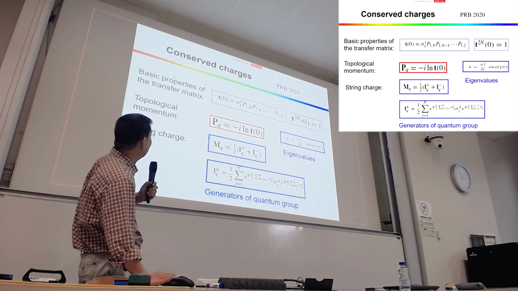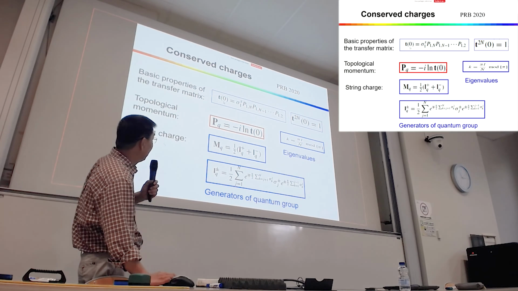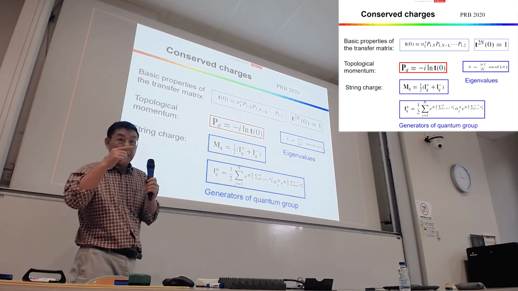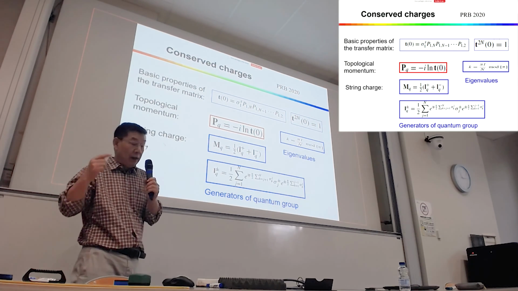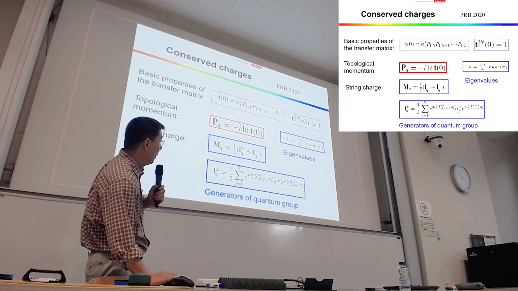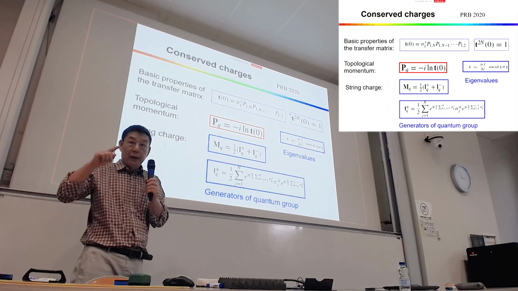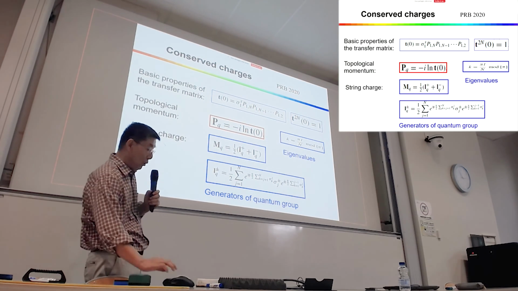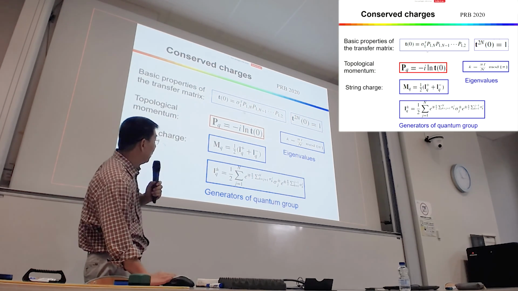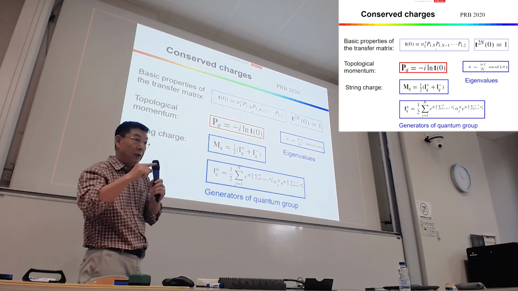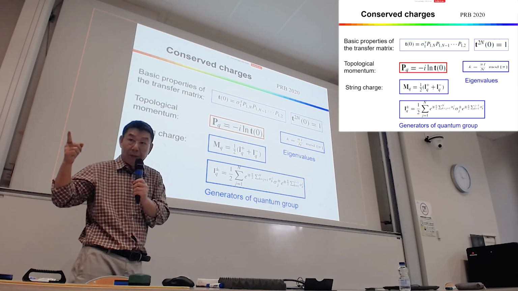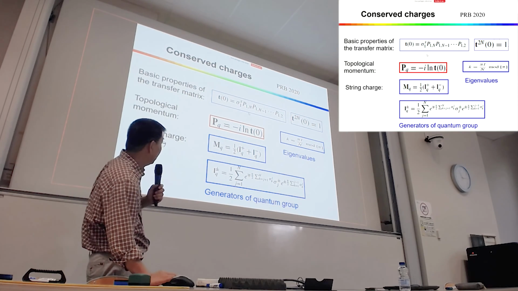Now we can see the transfer matrix at the 0 point is just a shift operator, but a twisted shift operator. But this one to the 2n is identity. So because this is also a shift operator, we can define the topological momentum. Just take this one.